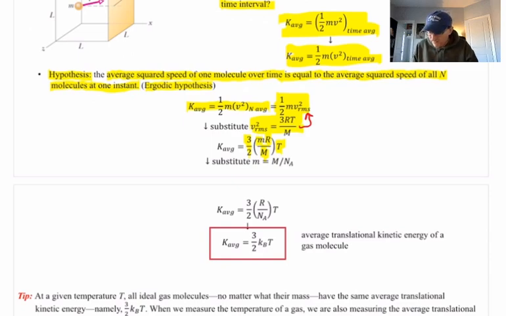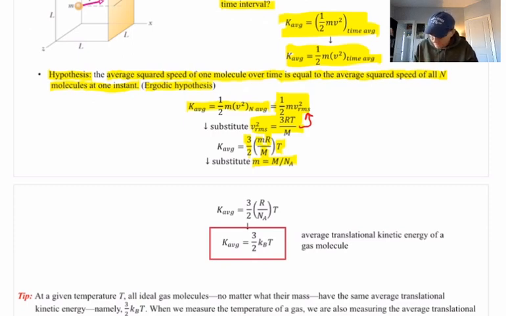And then again, just from the counting, the mass of one molecule is the molar mass in kilograms per mole, or grams per mole, divided by Avogadro's number, the number of molecules per mole. So replace little m with big M over Avogadro's number.